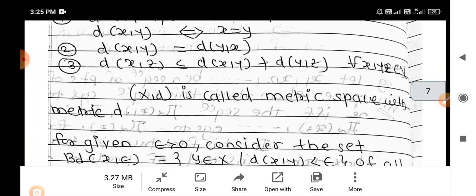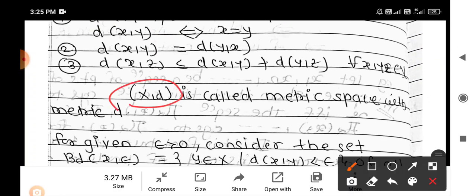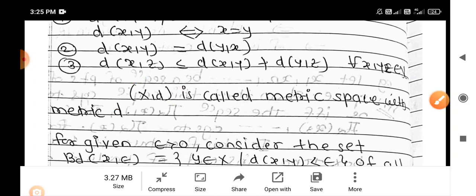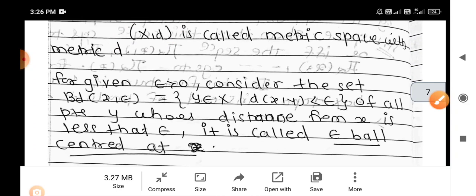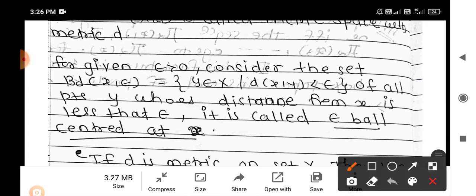Now see the notation X comma d, it is called a metric space, where X is a set and d is a metric, then X comma d is called a metric space with respect to metric d. Now what is the basis for this metric topology? Given epsilon greater than 0, consider the open ball B of d comma x comma epsilon.